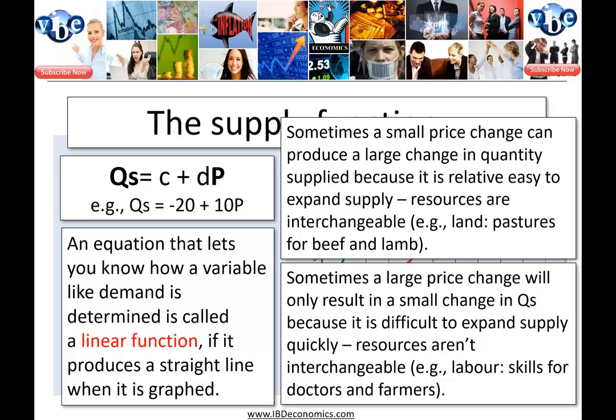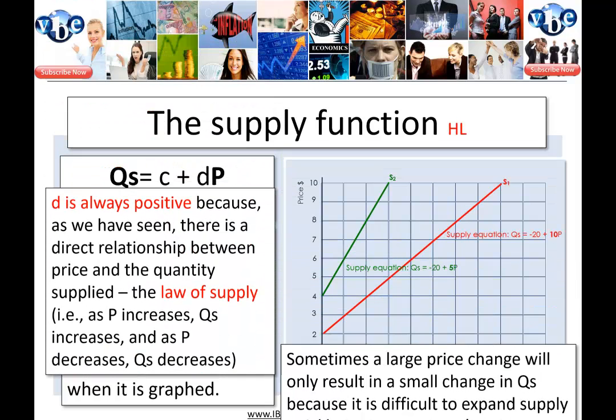Resources aren't that interchangeable. For example, if we took the resource of labour, that factor of production, there are vastly different skills for doctors and farmers. So if we wanted to expand the supply of medical services, it is going to take, in New Zealand, at least 7 years to train a farmer to become a doctor. So the supply of medical services might be quite fixed there.